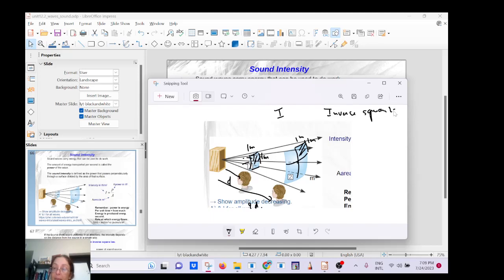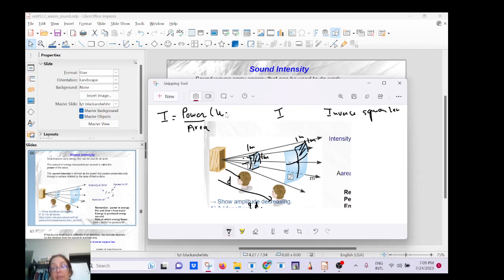I will talk about that in a few seconds, but we define the intensity of a wave as the energy flowing per unit second and per unit area. So it's going to be the power per area.